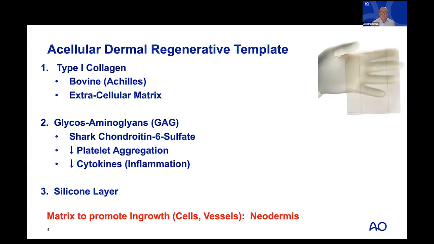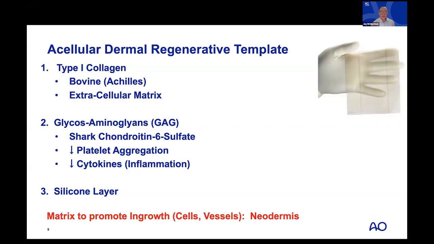So it's an extracellular matrix of type 1 collagen. And then it also includes glycosaminoglycans, which are interestingly from shark cartilage, specifically chondroitin 6 sulfate. And this is known to decrease platelet aggregation and in that same cascade, lower cytokine production, decreasing inflammation. It's covered with a silicone layer.